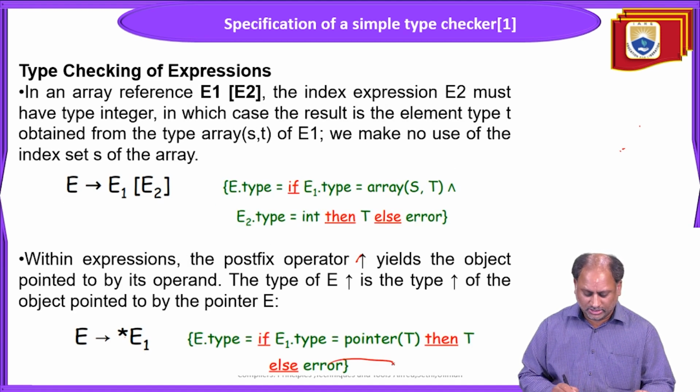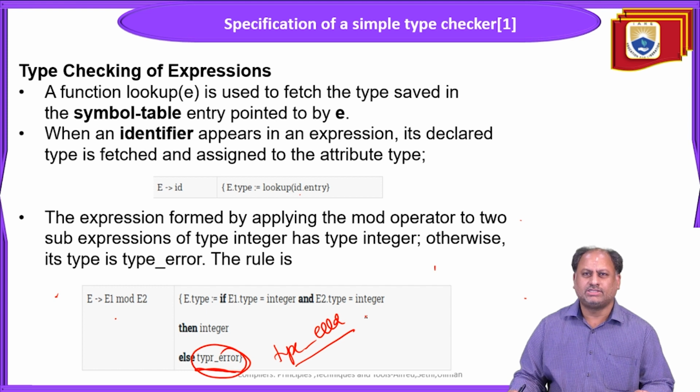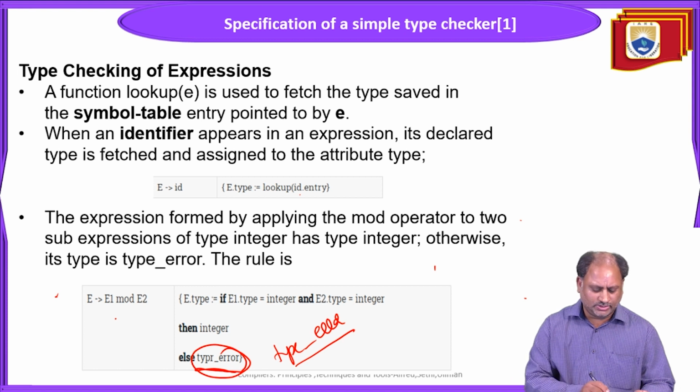If E1 is of type integer and E2 of type integer, then the corresponding E dot type result expected is integer only.